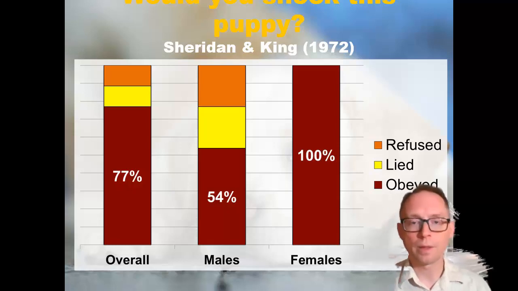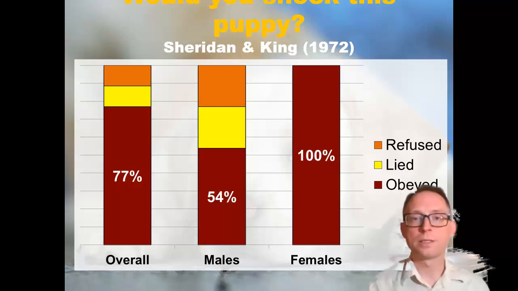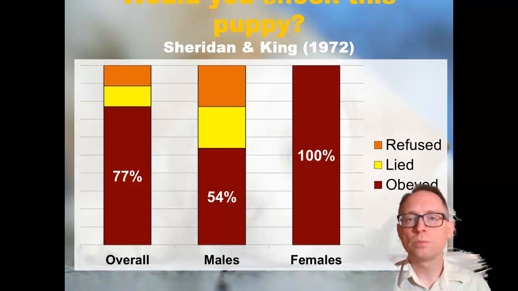I think that that's probably true, and I think there's a good case to say that those norms have changed since 1972 as well. But what's interesting here is that you probably said that you would not give those shocks. I'm not saying that you're wrong. All I'm saying is that when the social situation is strong, we underestimate how influential it's going to be.